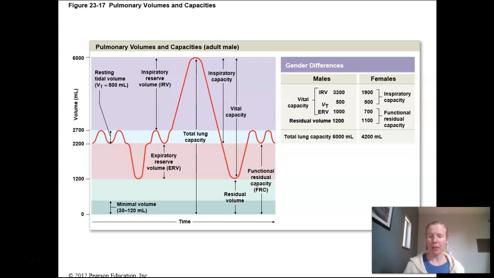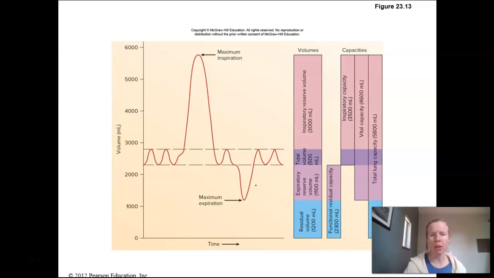So let's just look through the one from your book. If you like the pictures from the other book, you do have the PowerPoint presentation of the module, and so you can look at that as well. So volumes that we're interested in here, absolutely tidal volume.